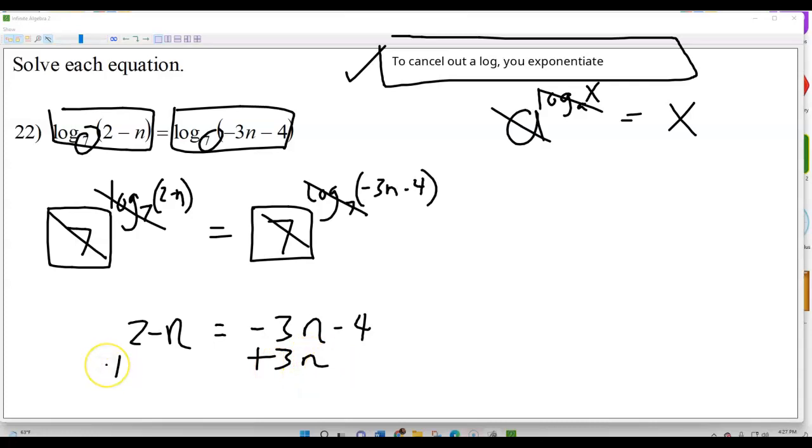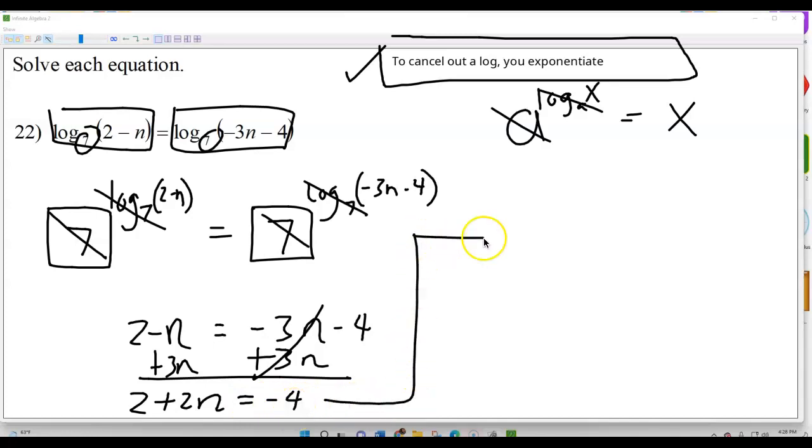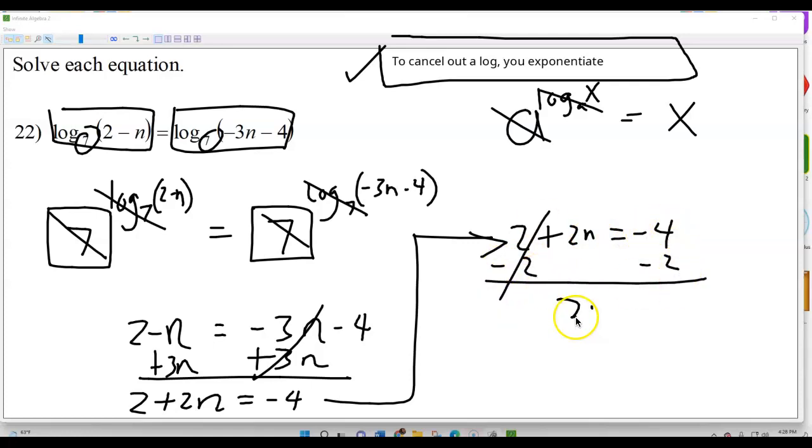So I'm going to add 3n to both sides of the equation. Minus the 2. And divide.